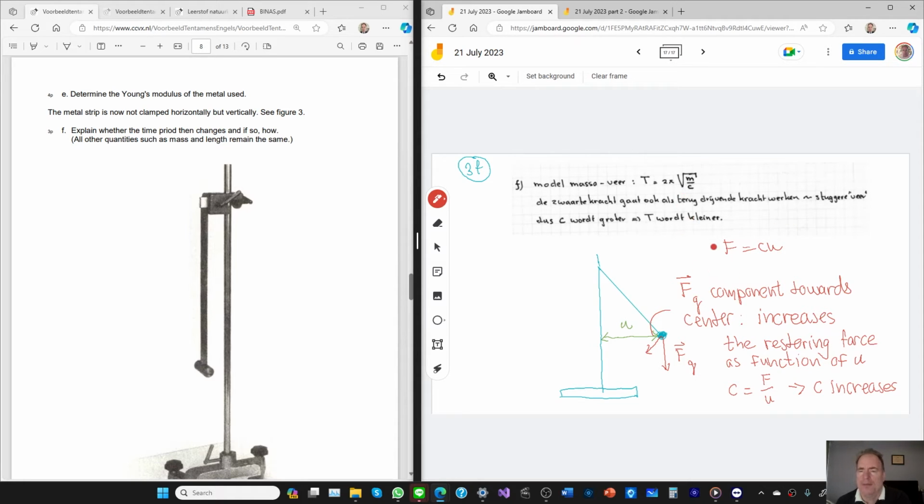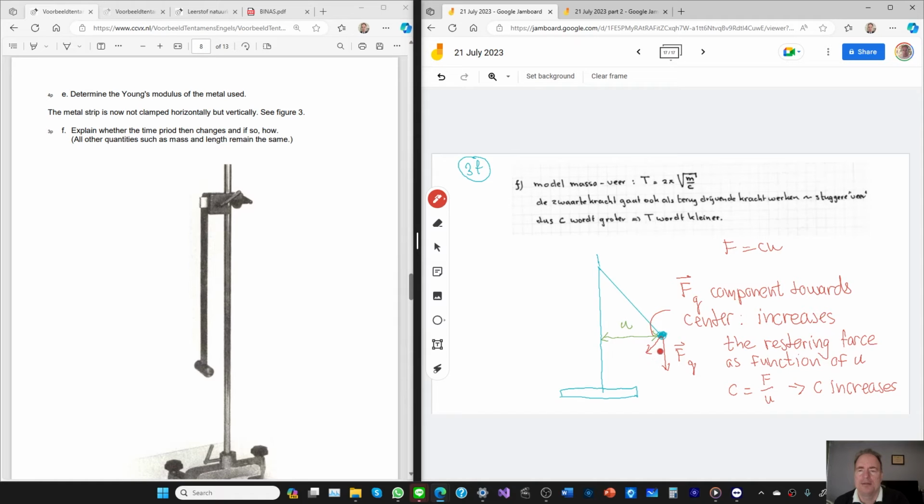And what we effectively do by putting it vertically is that we add gravity into the game. The force of gravity on the mass here will be down, but it will have a component towards the center.